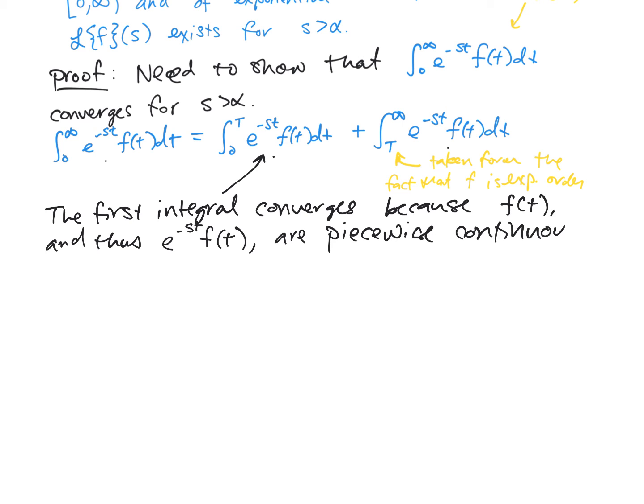So that's on a finite interval, as long as your function's not shooting off to infinity or anything like that. If you're piecewise continuous, then you can calculate that area under the curve.